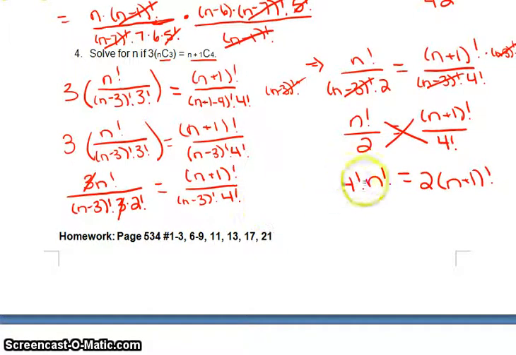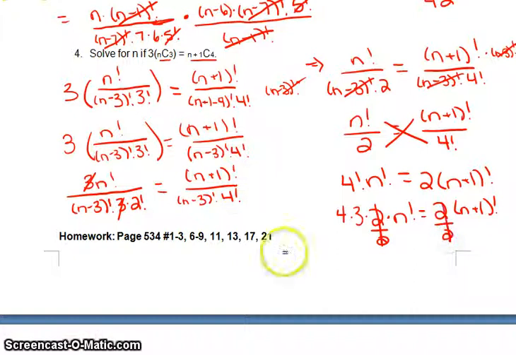I'm going to simplify 4 factorial here. So we have 4 times 3 times 2 times n factorial is equal to 2 times n plus 1 factorial. Then from here we can divide each side by 2. That'll cancel out those 2's there. And so what we have left is 12 n factorial is equal to n plus 1 factorial.